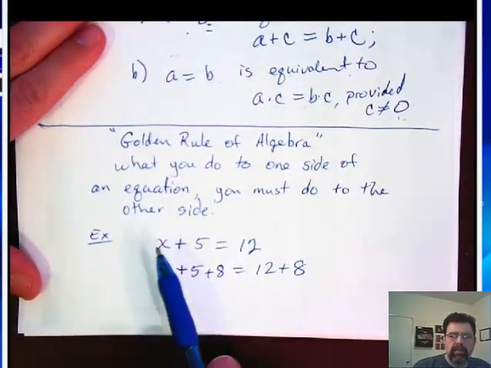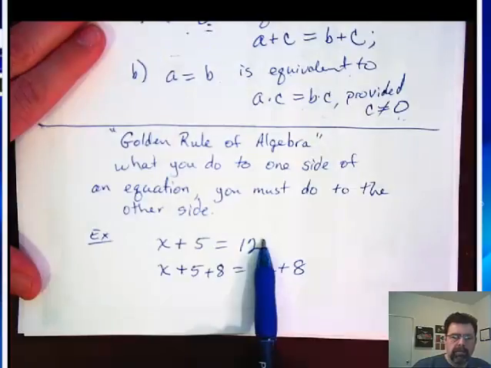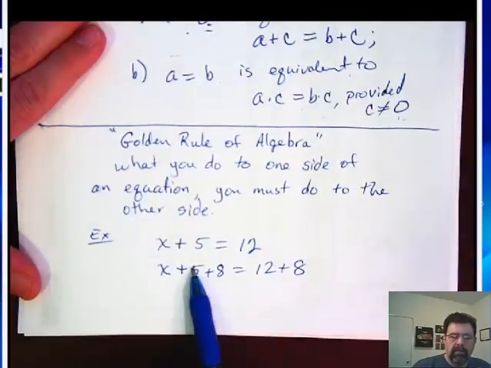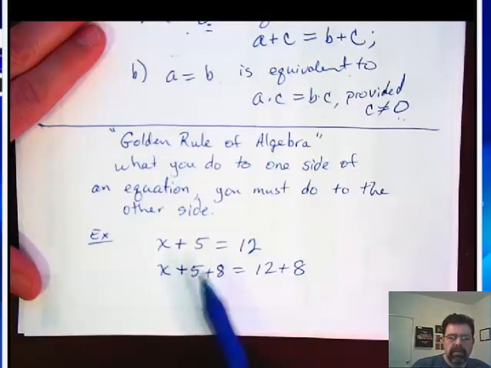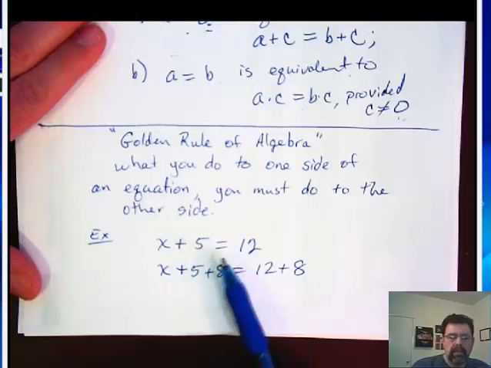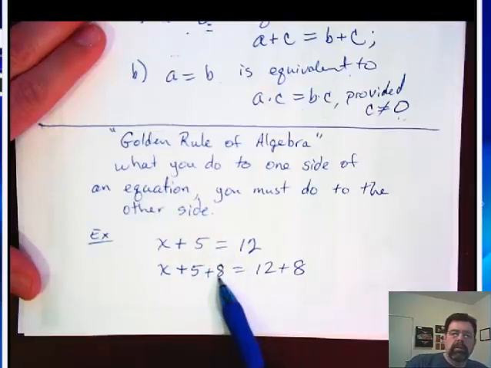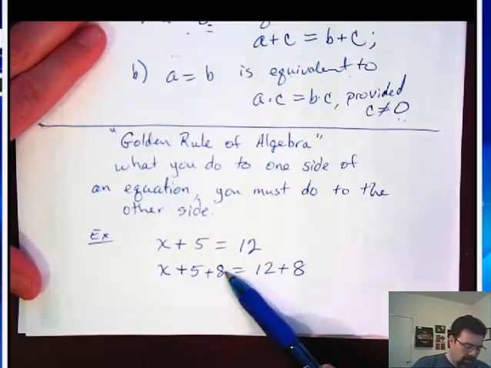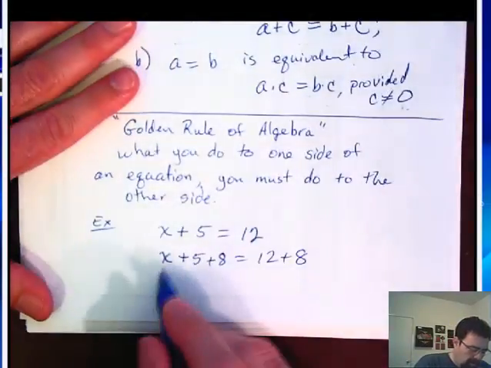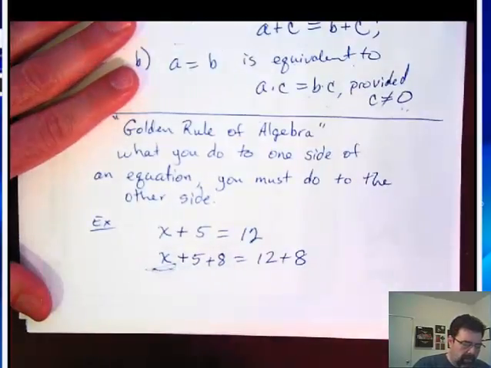Again, you could see that 7 plus 5 is 12, and 7 plus 5 plus 8, that would be 7 plus 5 is 12 plus 8 is 20. And this side's 20. So 7 is a solution to both of these. And the idea is you're going to use this principle not to make equations more complicated; our goal is to get this x all by itself.